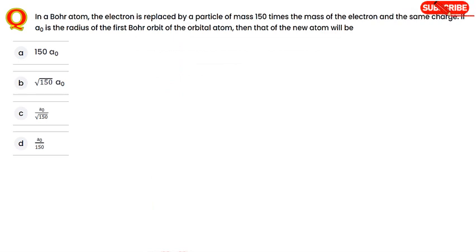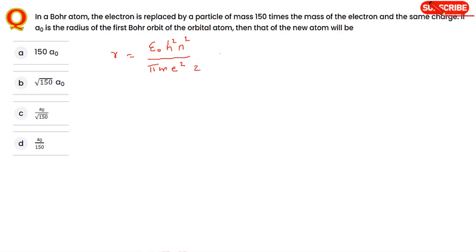Now let me write the formula one more time for the first orbit, where n is equal to 1: R is equal to epsilon naught h square n square divided by pi m e square z.